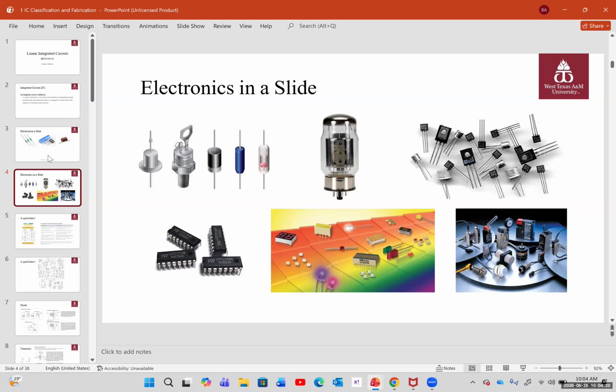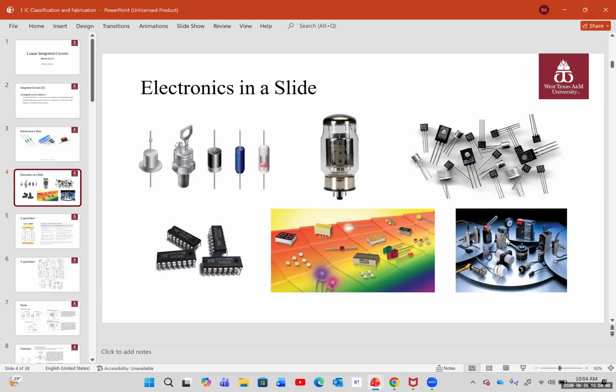And we have power regulators. We have transistors, normal transistors, which are different types. We have BJT, bipolar junction transistors, and the metal oxide MOSFET transistor. And on the bottom left, you can see an IC, and then different components of circuits like 7 segments, LEDs, and sensors.